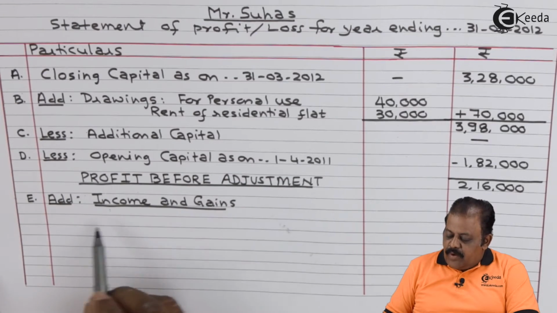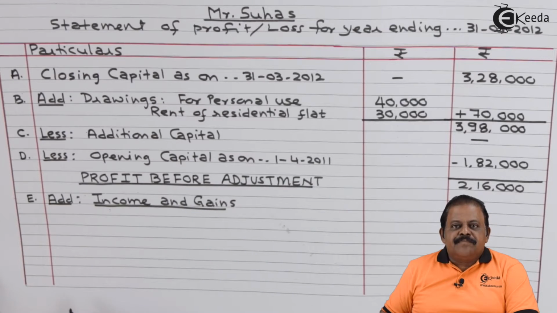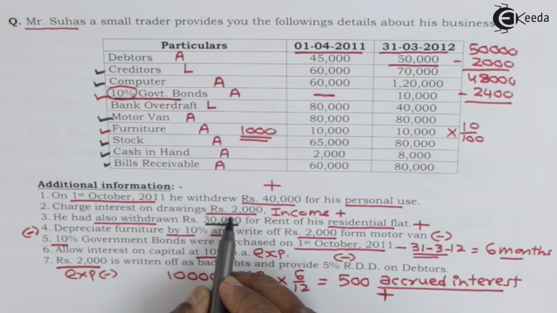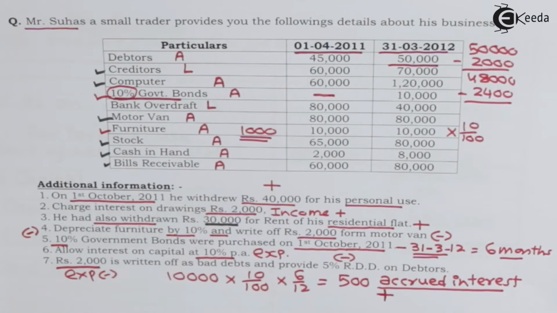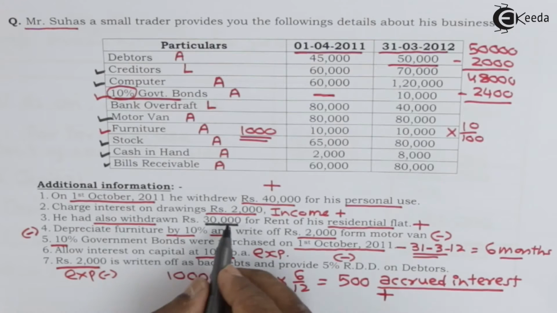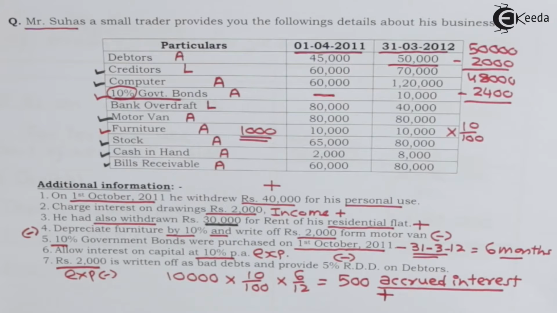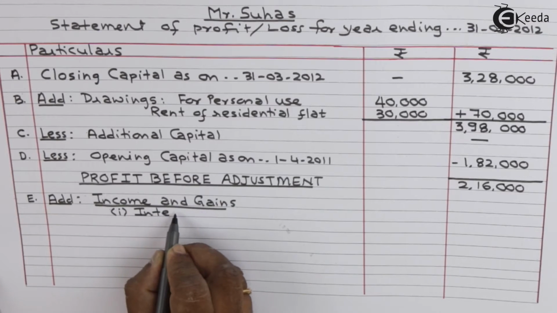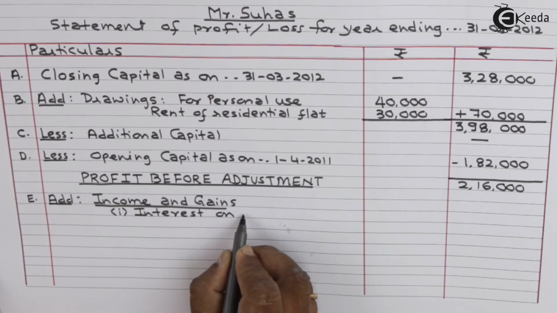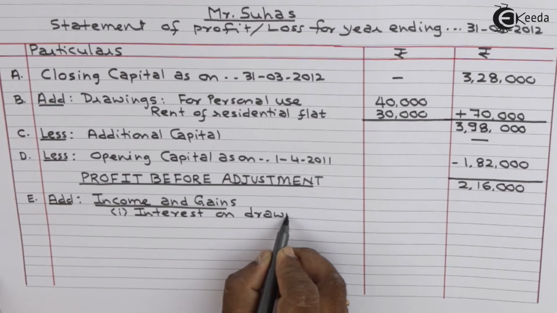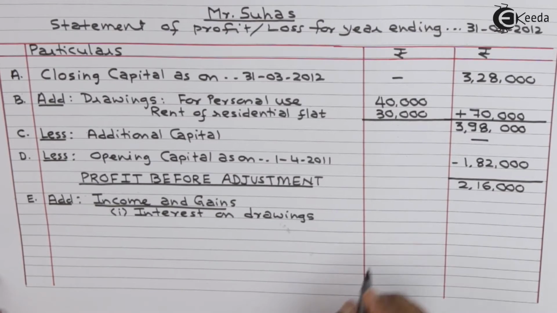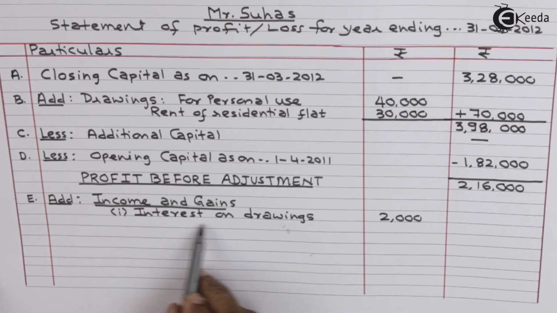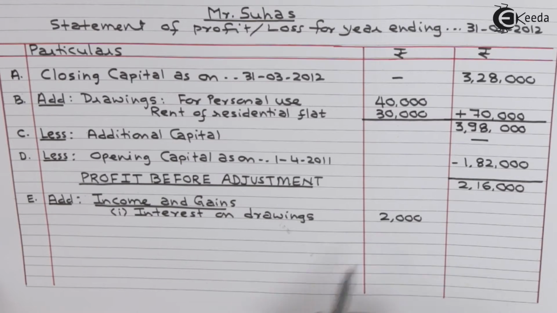To this we are required to add income and gains. First we have interest on drawings, rupees 2,000. The amount is clearly given. We are not required to calculate. Interest on drawings 2,000.